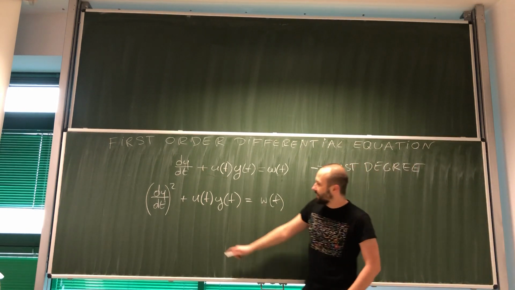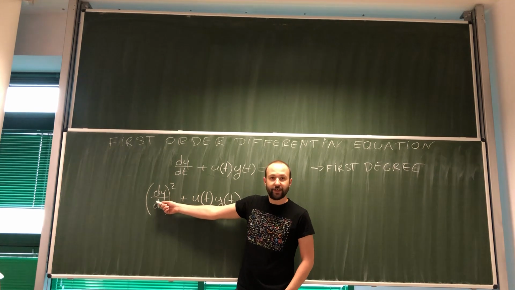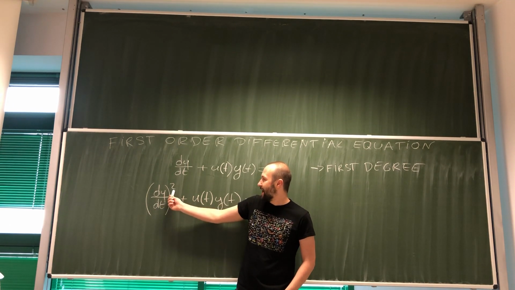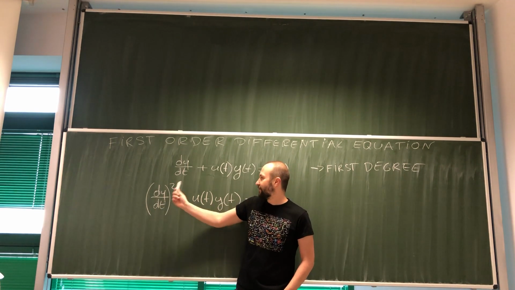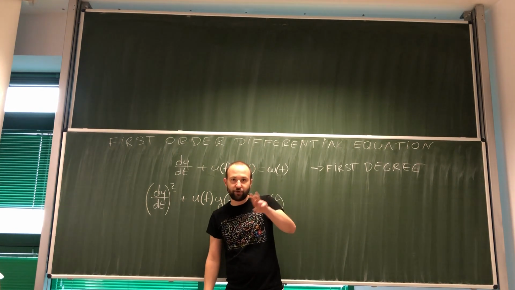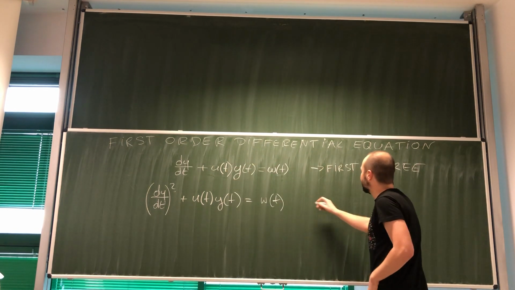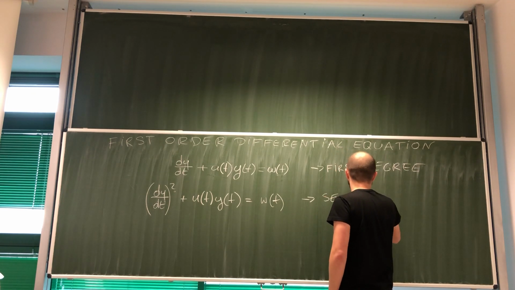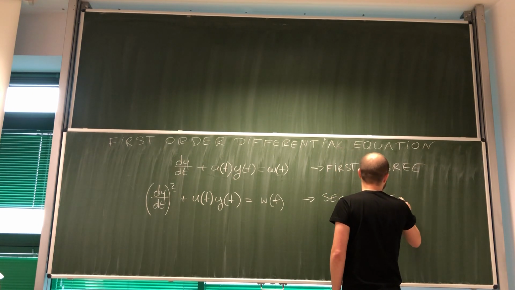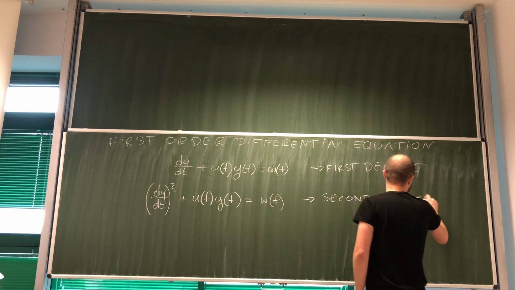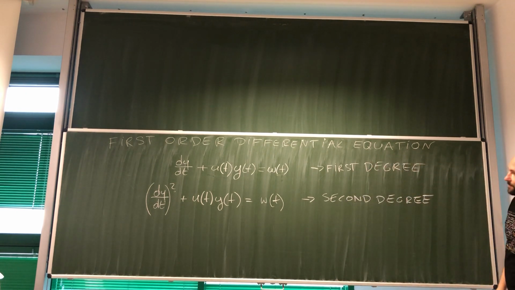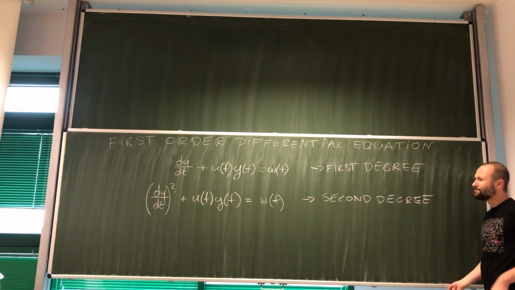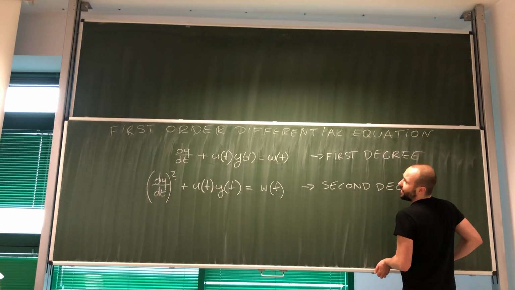Because we still have the first derivative. The only difference is now that this first derivative is taken to the power of 2, which tells us that this is a second degree differential equation.